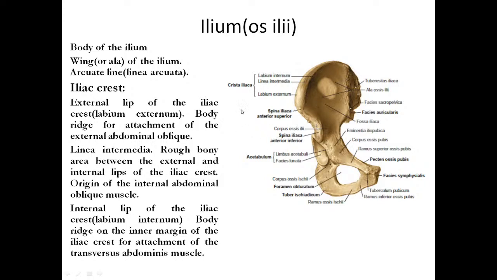The body has the iliac crest. Iliac crest includes labium externum, the external lip. It is a ridge for attachment of the external abdominal oblique.